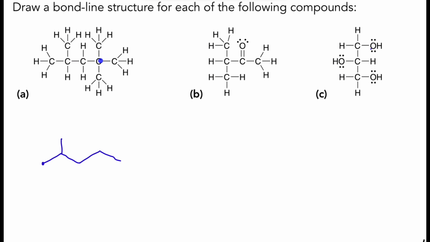And here we have one branch, two branches. So here, like this. There are no heteroatoms, and we have to understand that this is carbon, only one bond is drawn, which means the remaining three are hydrogens.